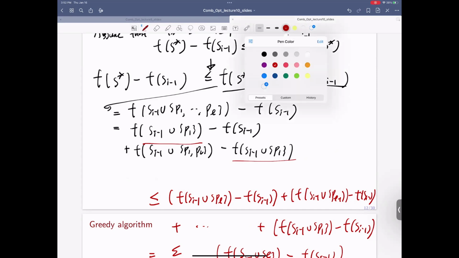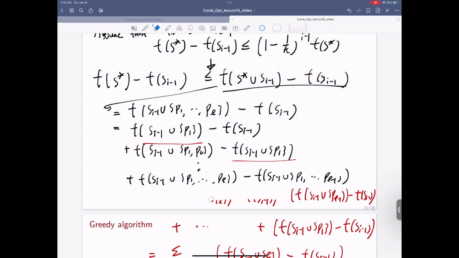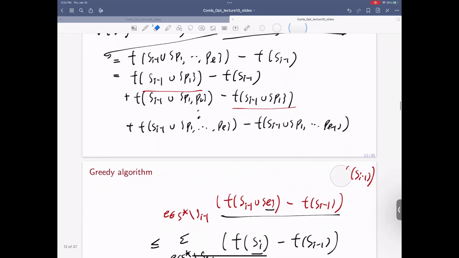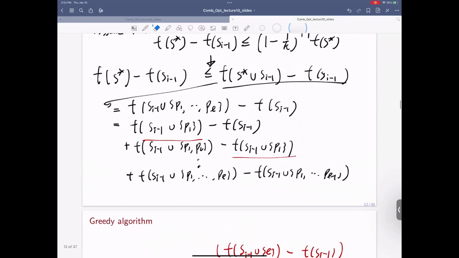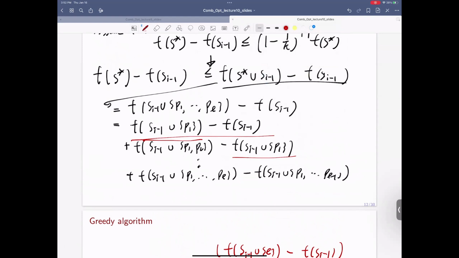And so you repeat this until you get plus f of S(i-1) union the first L elements minus f of S(i-1) union P1 through P(l-1). All right, so this thing is fine. We get the same thing.